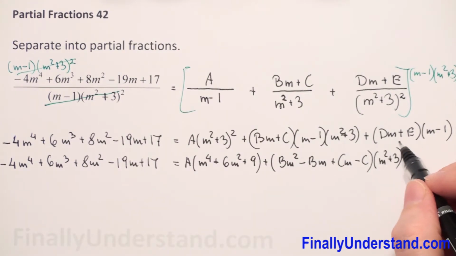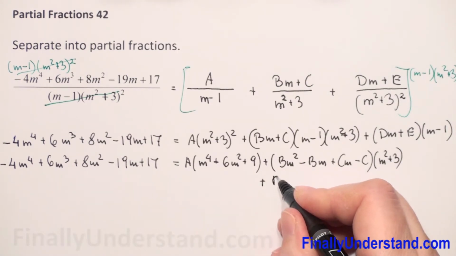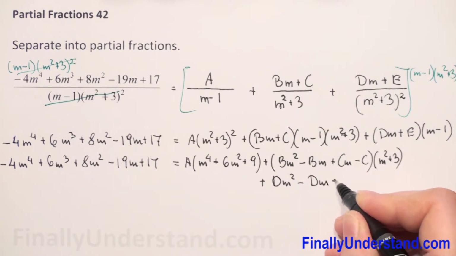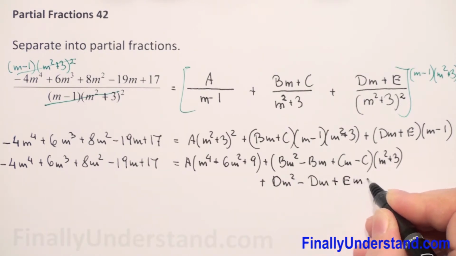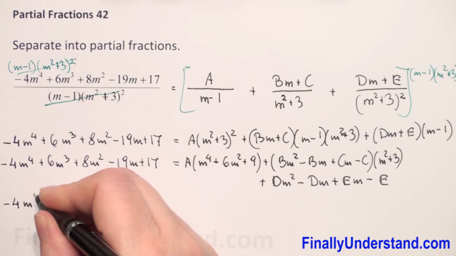And every expression in the first parenthesis by every expression in the second: plus dn squared minus dn plus en minus e. The left side we have to rewrite.